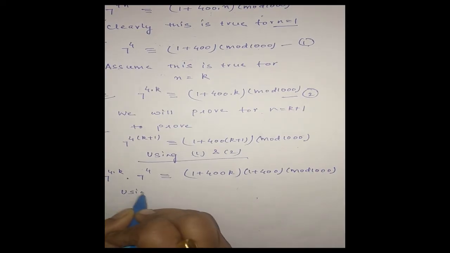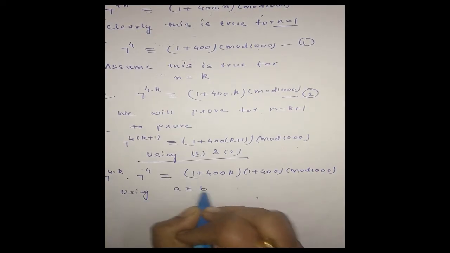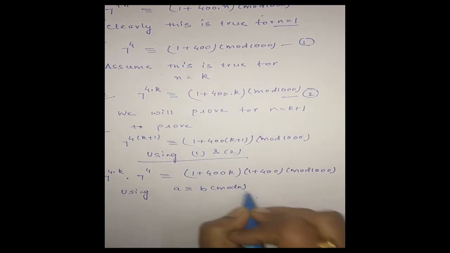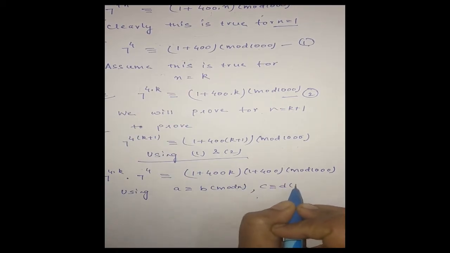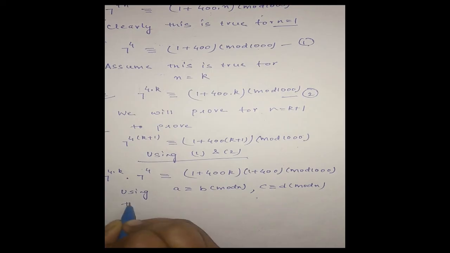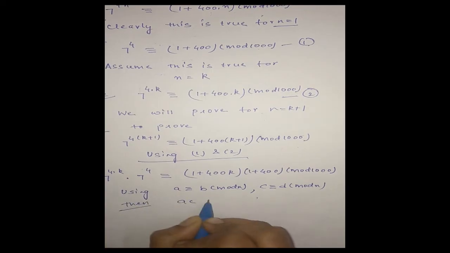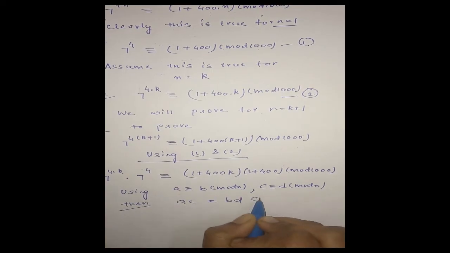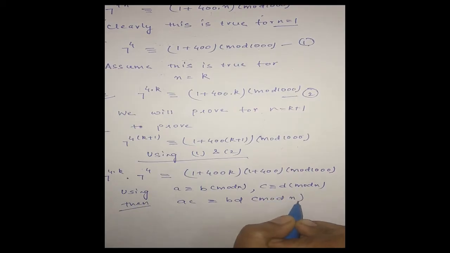Using the property that if a is congruent to b modulo n and c is congruent to d modulo n, then a into c is congruent to b into d modulo n, we have this result.